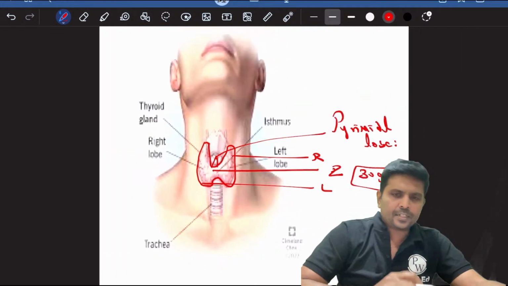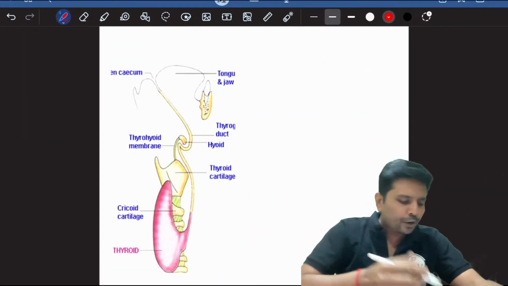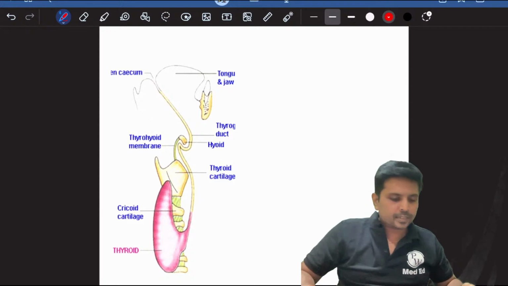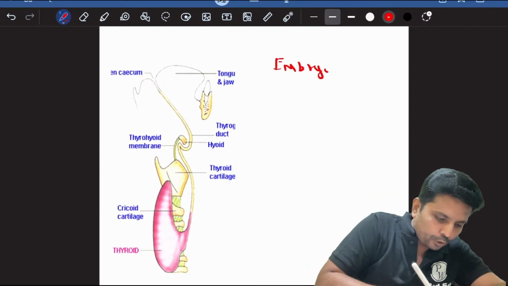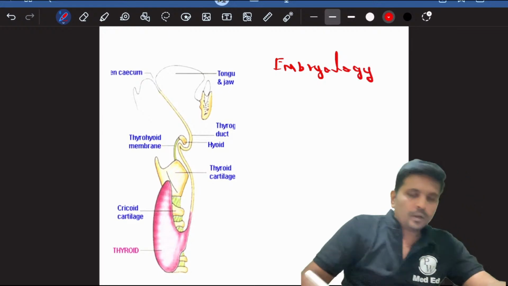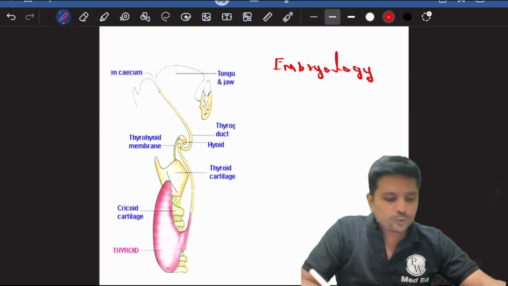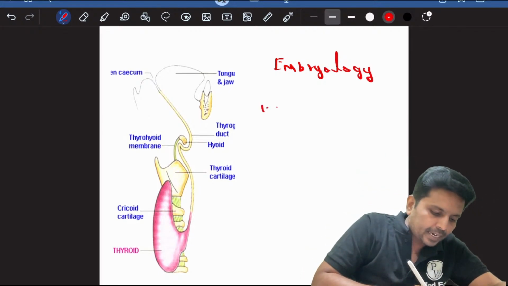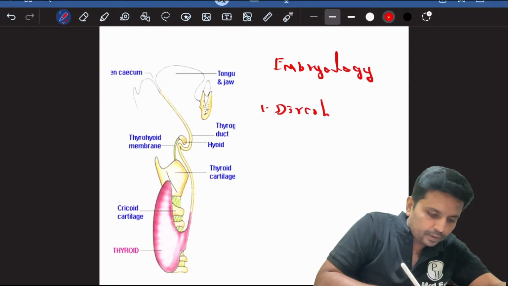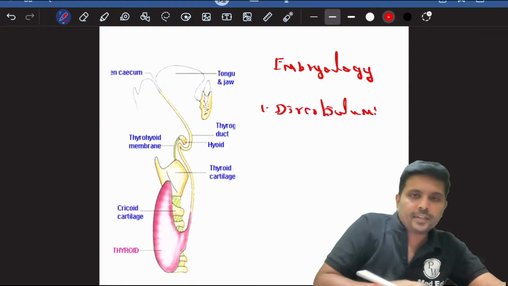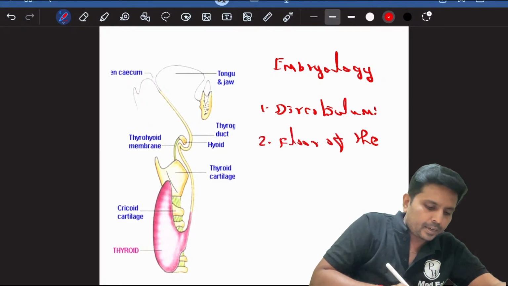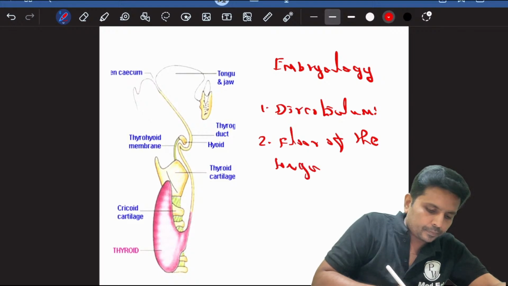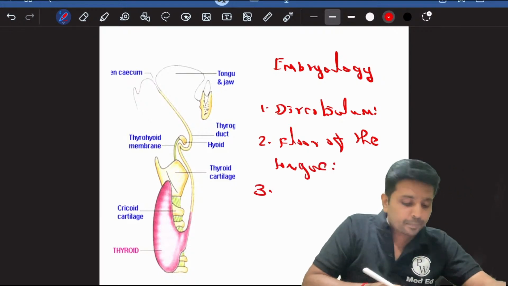Right. Next, what is the embryology of the thyroid gland? The thyroid gland occurs as a diverticulum at the floor of the tongue, from endoderm.